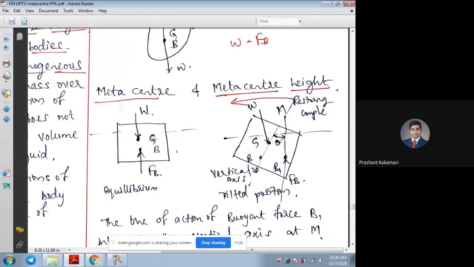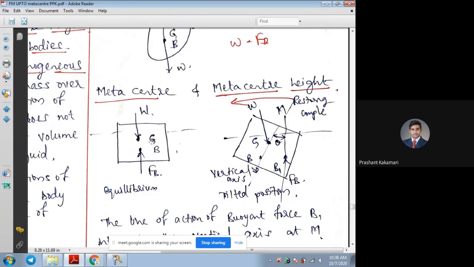Because whenever instability is possible because of the buoyancy and center of gravity forces, we will try to balance the destroying forces or the destroying couples by considering this metacentric point. So what is this metacentric height? How is it calculated? How is it found out? How can it be balanced so that the stability in the body can be retained? This we are discussing in these topics.